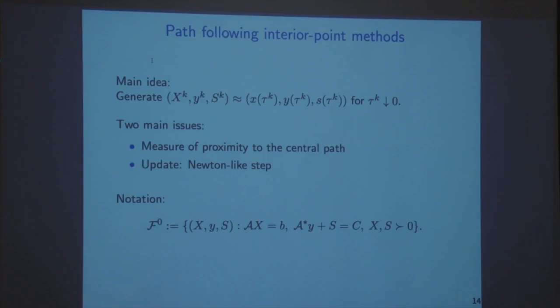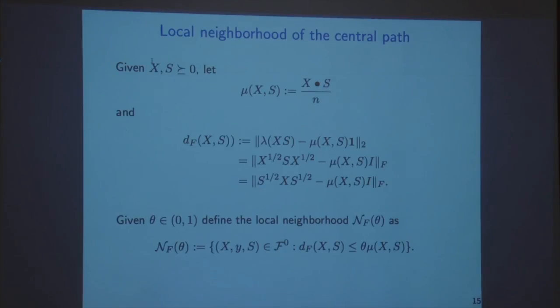F0 is essentially the same thing that we had before, the set of primal and dual strictly feasible points. And then mu is associated to the gap between a pair of primal and dual problems. So mu of xs, just as before, is x dot s divided by n.